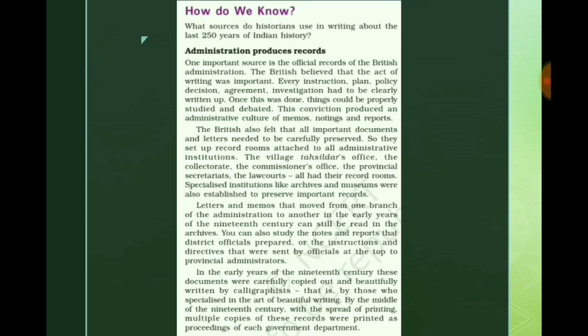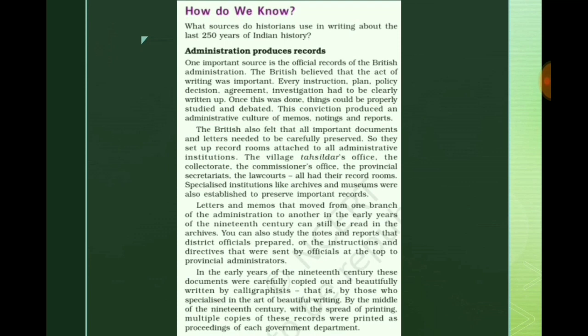So this is something the British did religiously. They made notes and reports of almost everything. Therefore, the British made a record room in which all the administrative institutions preserved all important letters and documents.